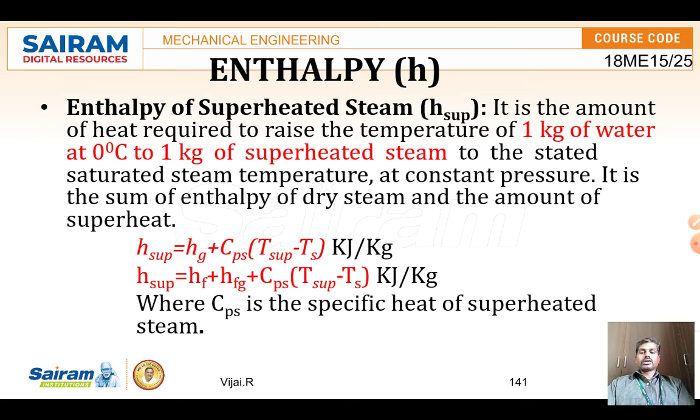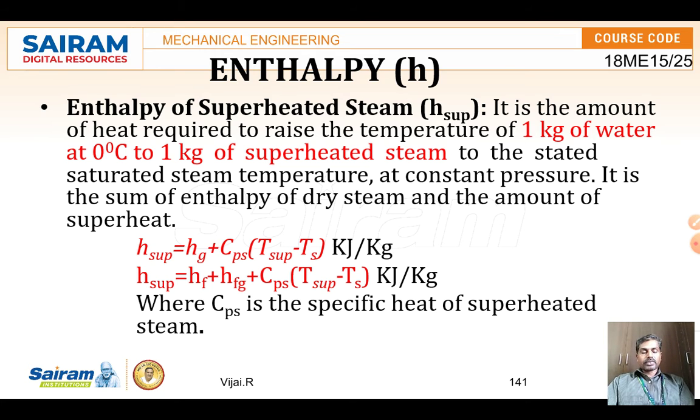Next, we are going to find out about the enthalpy of superheated steam, that is, after converting into steam, I am again adding heat to increase the temperature of the steam. So the amount of heat required for raising 1 kg of water at 0 degrees to 1 kg of superheated steam at constant pressure, we call it the enthalpy of superheated steam.